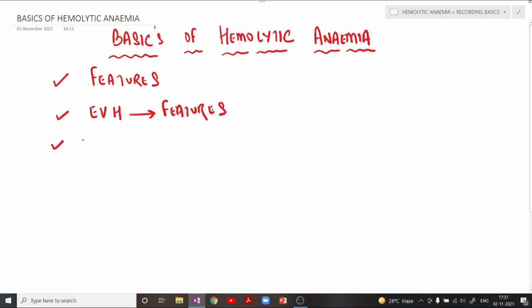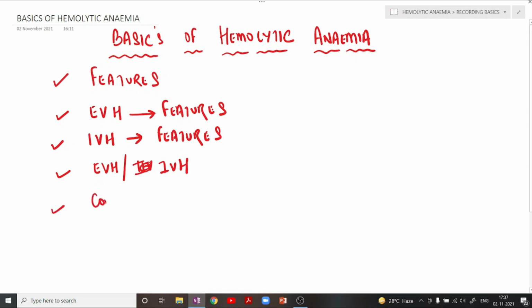Then we are going to understand intravascular hemolysis and its features. Then we are going to draw a comparison between extravascular hemolysis and intravascular hemolysis.